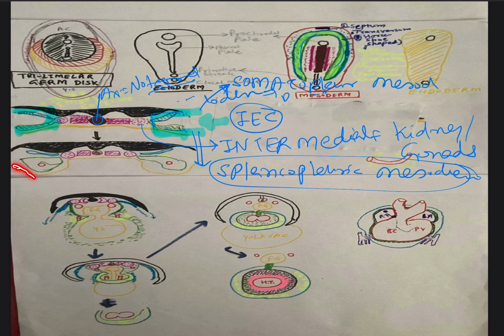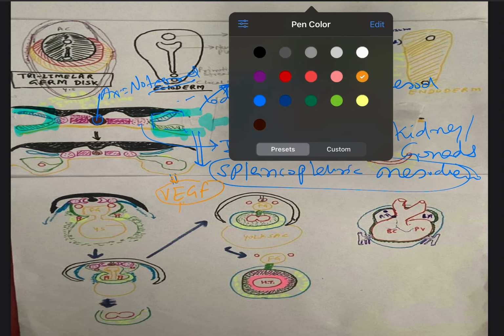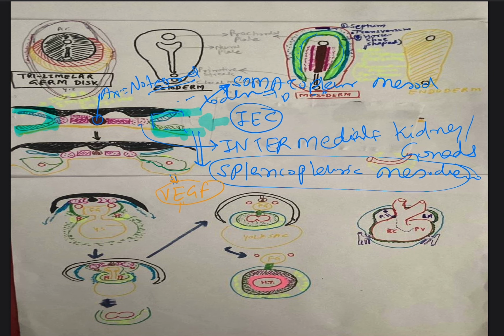I have already explained this lowermost yellow layer is endoderm, which will form the GIT. Under the influence of this endoderm, it starts secreting VEGF, vascular endothelial growth factor. Under the influence of this VEGF, this layer of splanchnopleuric mesoderm starts expansion.